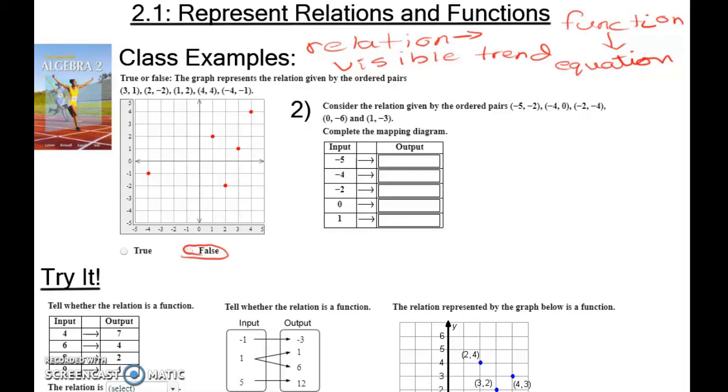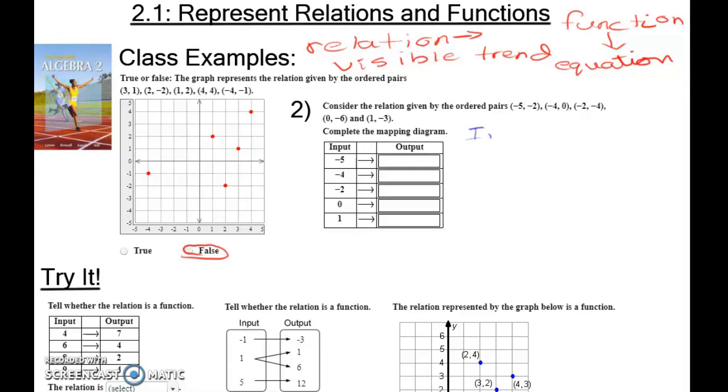They say complete the mapping diagram. Well, they already say it's a relation. So all they're asking us to do is, they already gave us the input, or the x values. Now they want us to give the output, which is basically the y values.